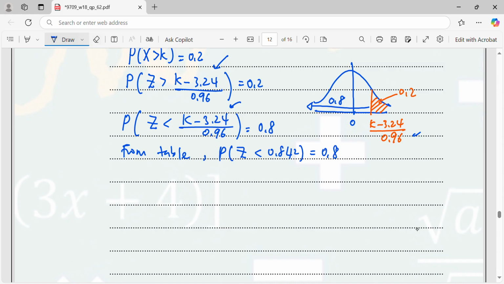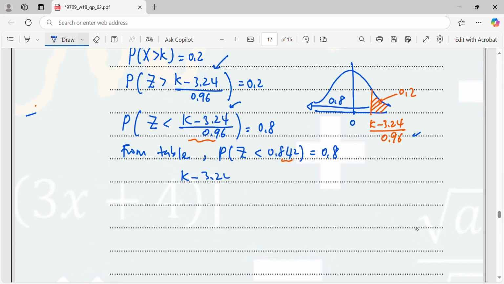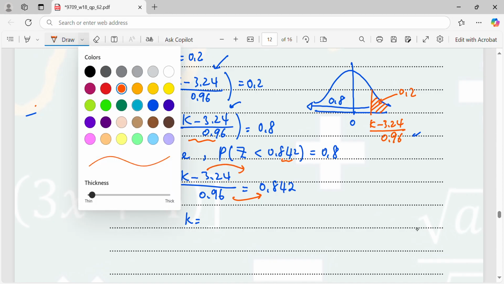Okay, so now I will equate these two values to get the k. So which means now I will get (k minus 3.24) over 0.96, which is 0.842. Okay, so from here, to get the k, the 0.96 will be moved up, and later on this minus 3.24 will be moved to the other side as well.